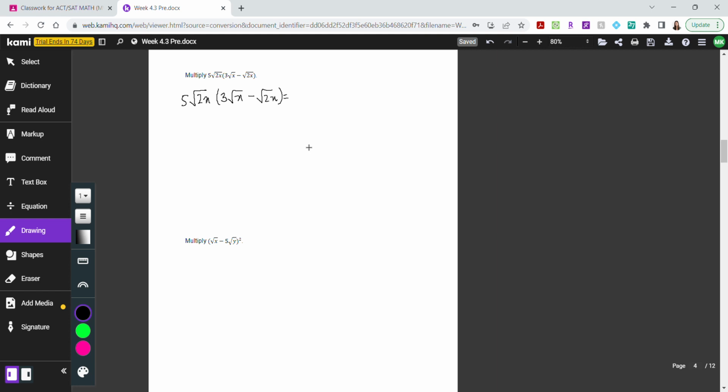So 5 times 3 is going to be 15. And then let's look, 2x times x is going to be 2x squared. Now 5 times negative 1 is going to be negative 5. 2x times 2x is going to be 4x squared.